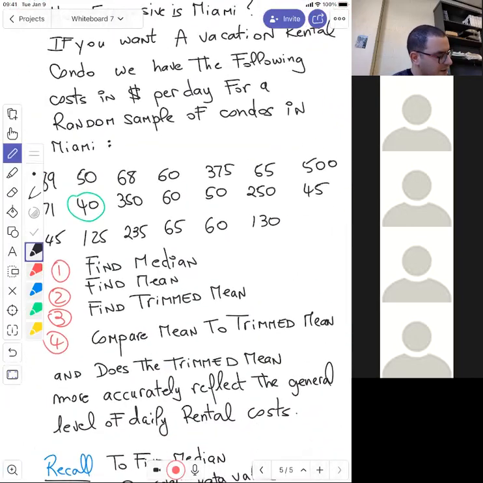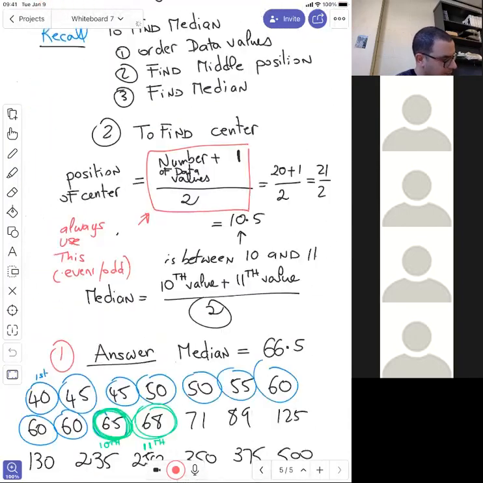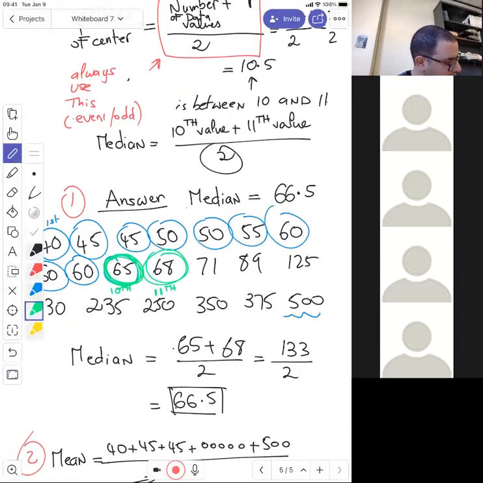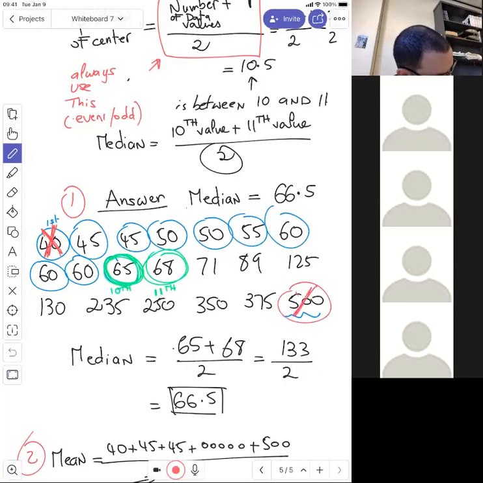We need to delete the smallest number. Where is it? Here. Of course, first you order your data values. Now we delete the smallest number, which is in this case 40. And you delete the highest number, which is 500.